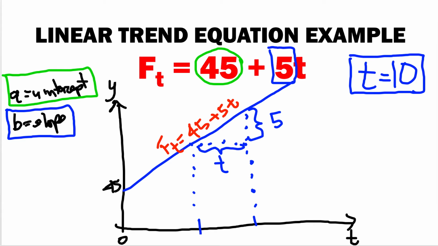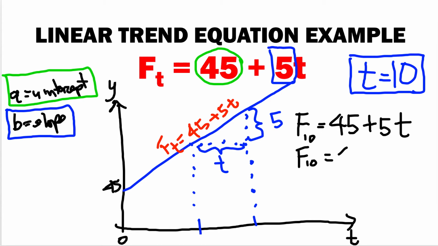So now that we better understand the components, let's solve for Ft. Again, we are solving for time period 10, so we would write F10 equals 45 plus 5t.